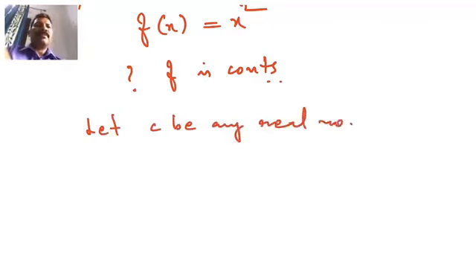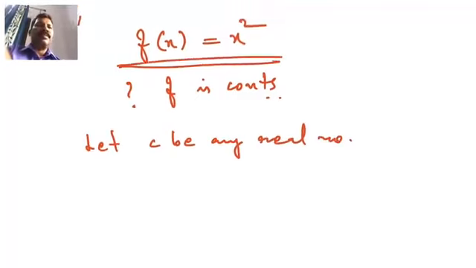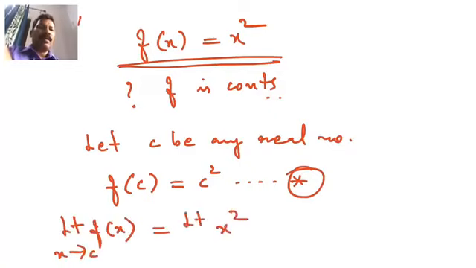Then function f is clearly defined at x equal to c. That is, f(c) is equal to c square. Then what about the limit of f(x) as x tends to c? That is equal to the limit of x square as x tends to c.